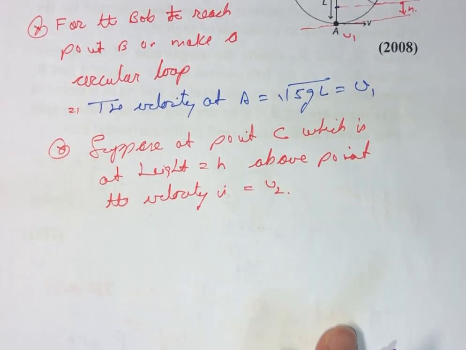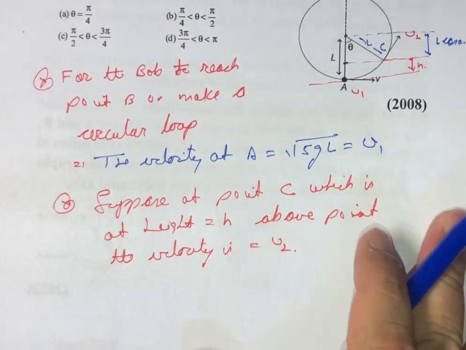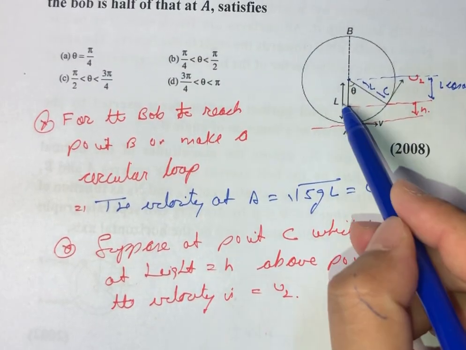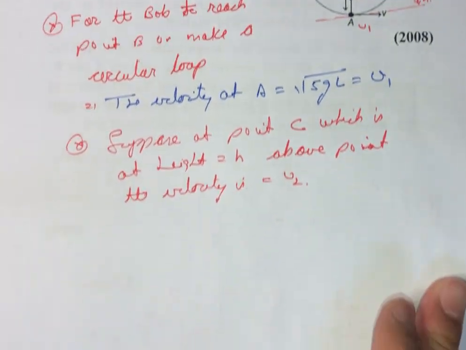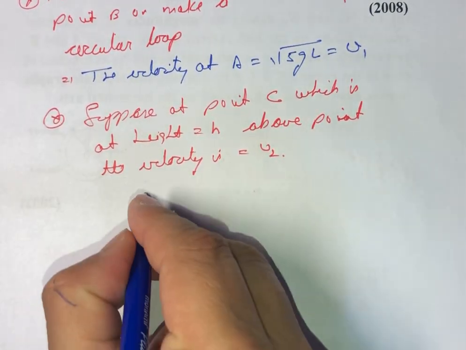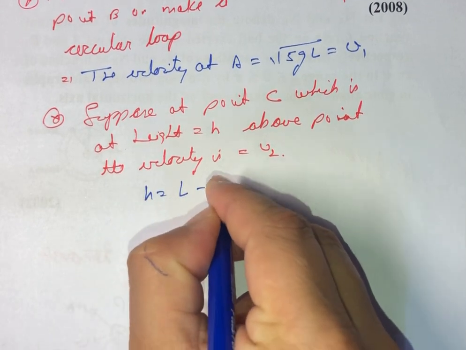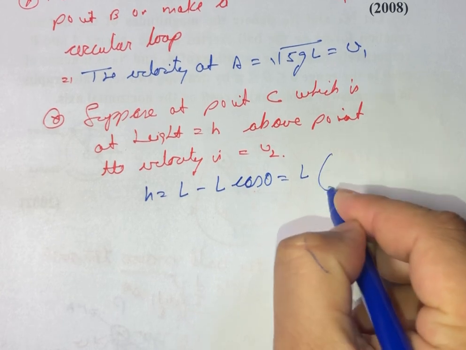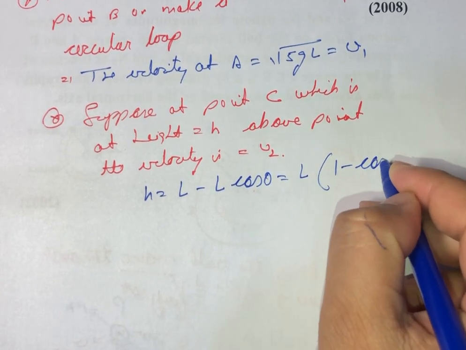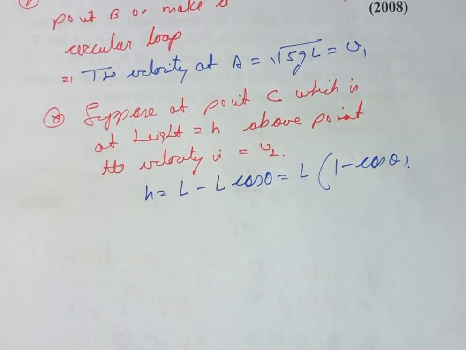So let us first find the height h. h will be equal to the total height L minus L cos theta. So h is equal to L minus L cos theta, or L times (1 minus cos theta).